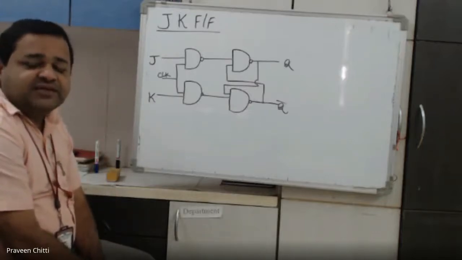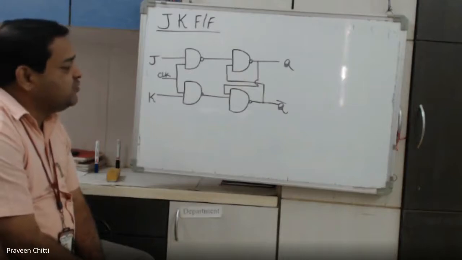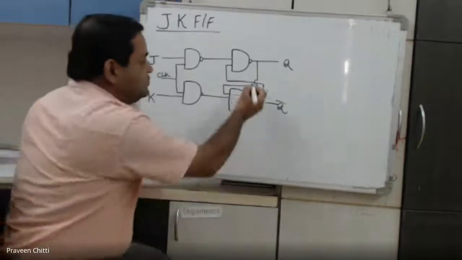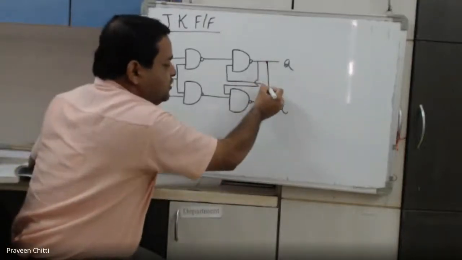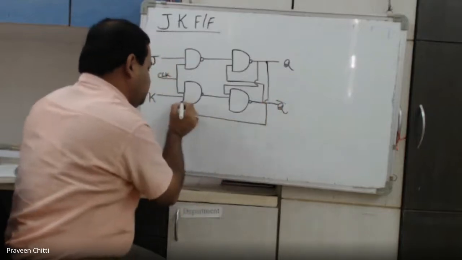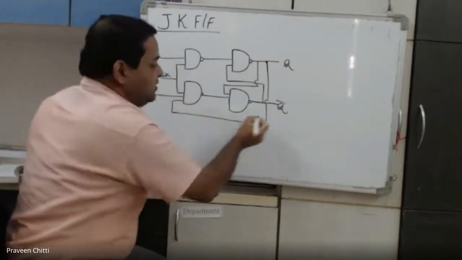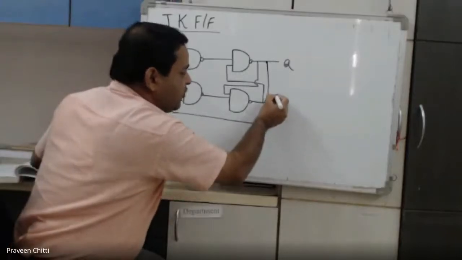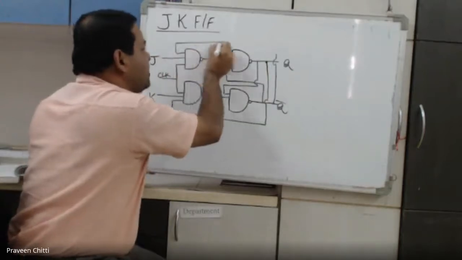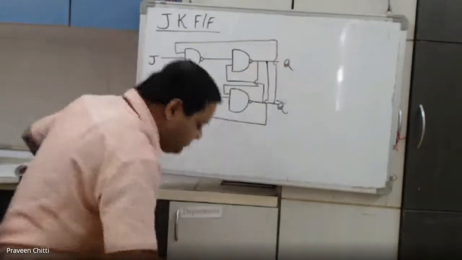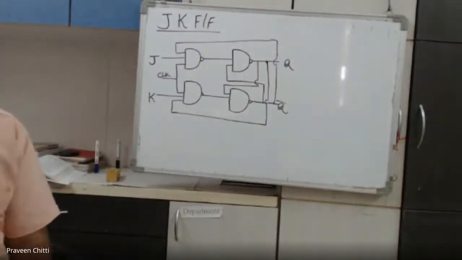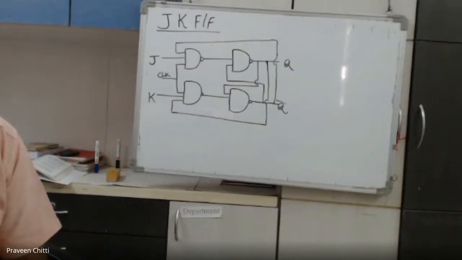We have to take the output Q and connect it as a feedback to the lower NAND gate, and take Q bar and connect it to the upper NAND gate. This is the logic diagram of the JK flip-flop.